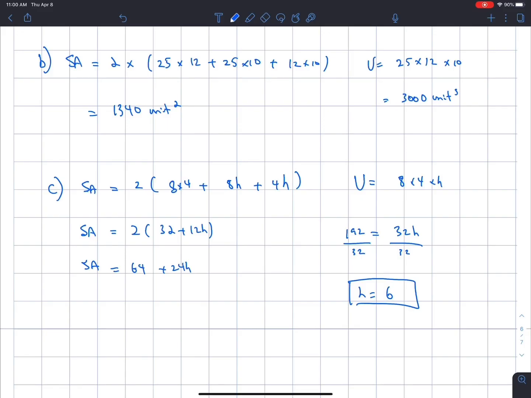So once I have h equals 6, I can also find the surface area. 64 plus 24 times 6. That will give us the surface area. We get 208 units squared. And the height will just be 6 units.